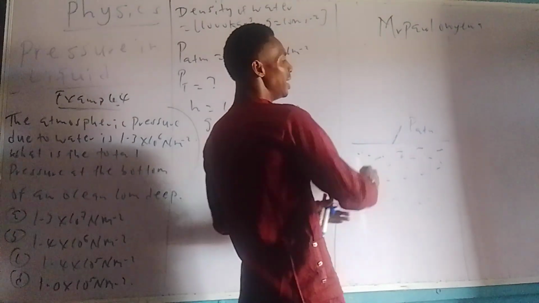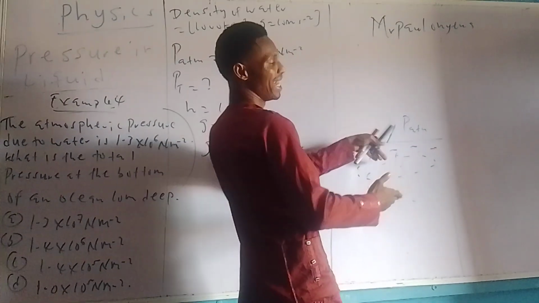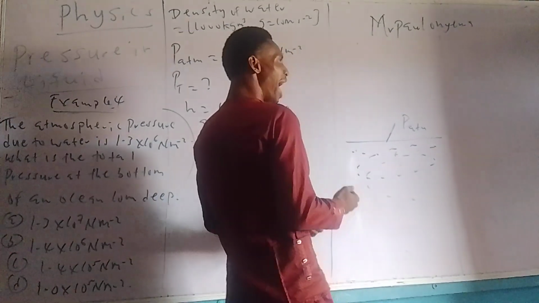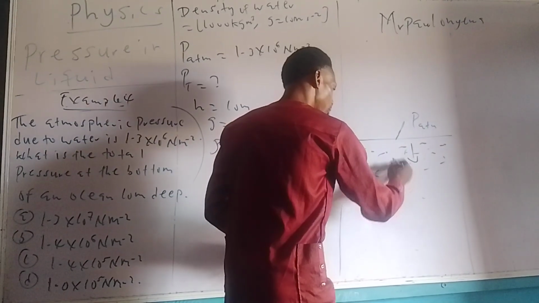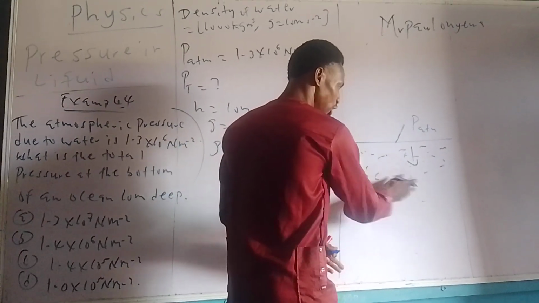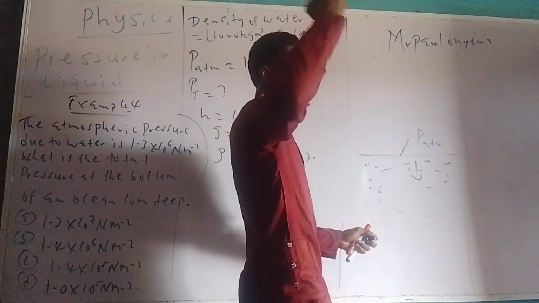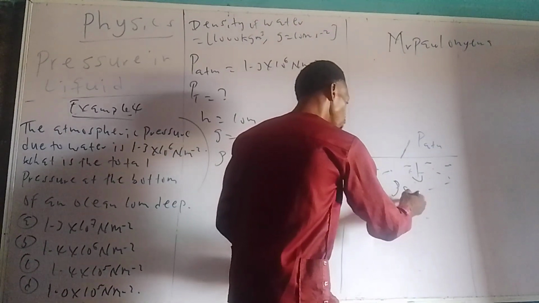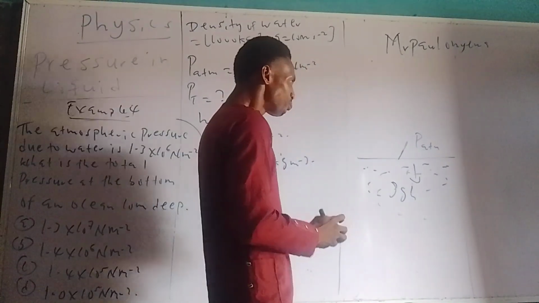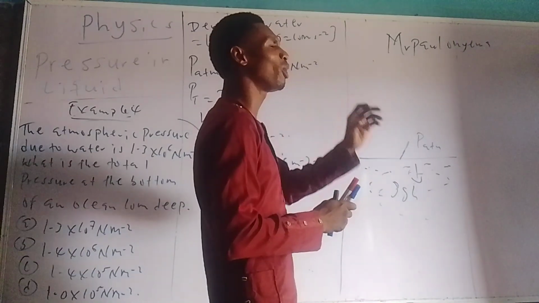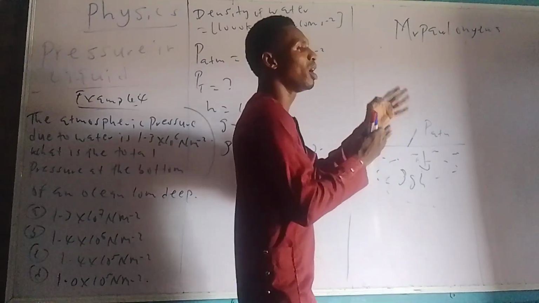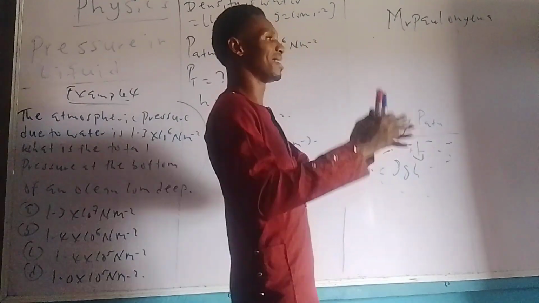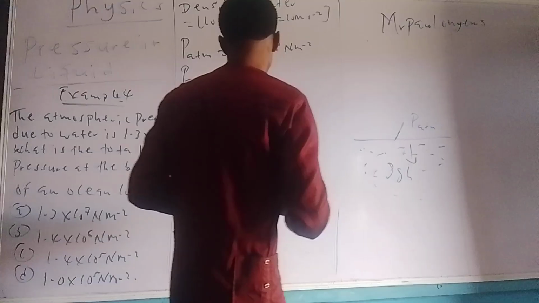From this place, at a certain height, the pressure is because of the pressure of the liquid. If you remember, the pressure in the liquid is given as rho g h. Whenever the question is about calculating the total pressure due to water, ocean, river, and sea, this is the formula you're going to use.